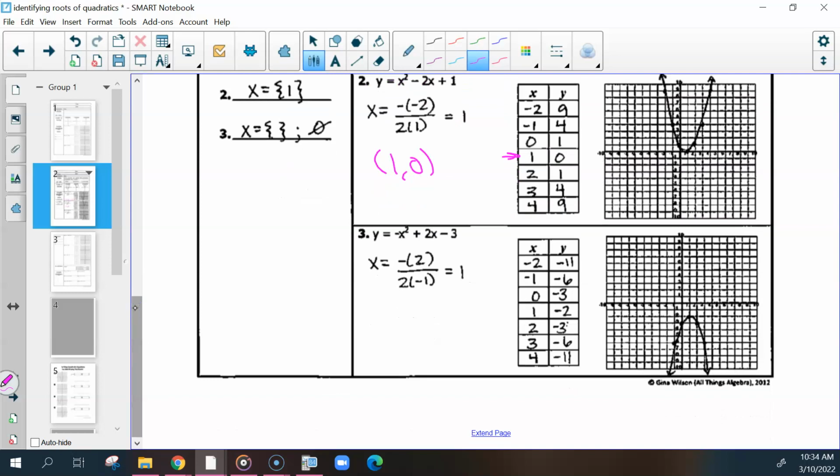Number 3, this did not cross the x-axis at all, so this had no solution. Questions on number 3.